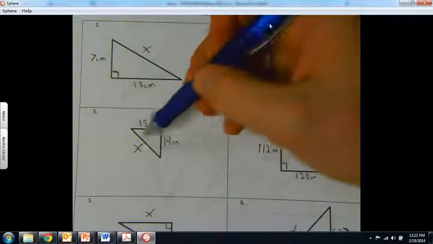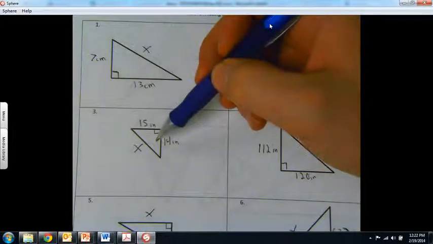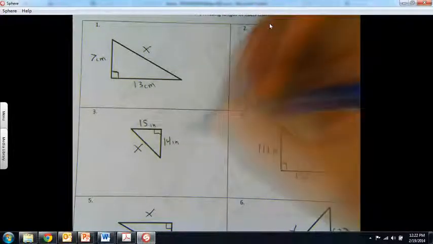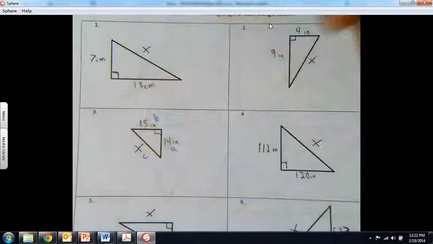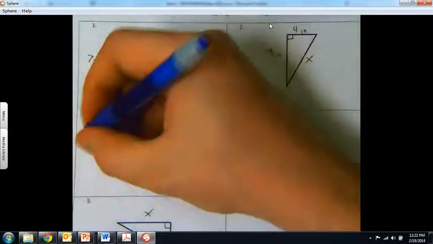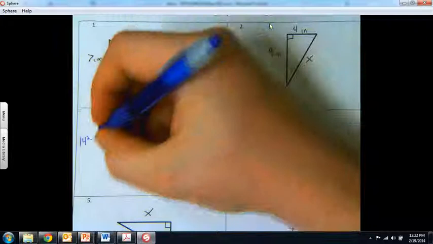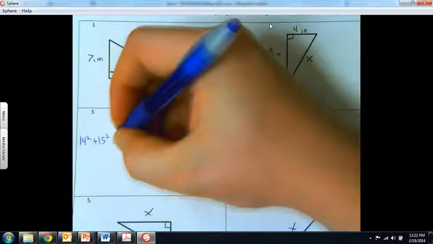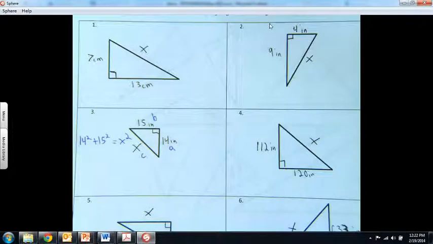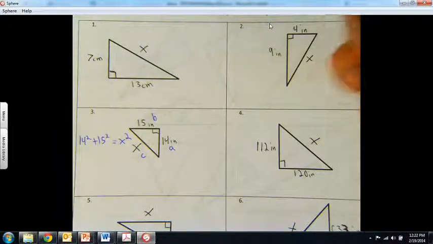We know this is a right triangle. Therefore, a squared plus b squared equals c squared should work. I'm going to make a my shortest side, b my medium, c my longest. So I have 14 squared plus 15 squared equals x squared. Now, squared, remember, means times itself.